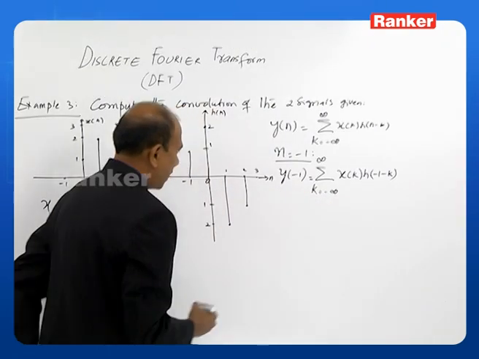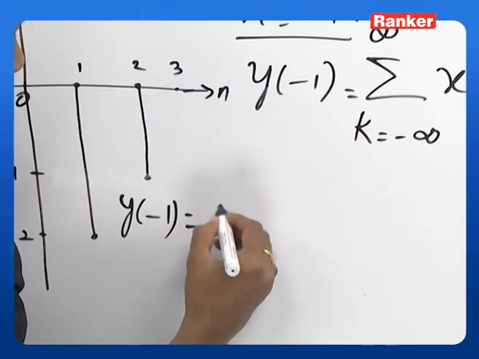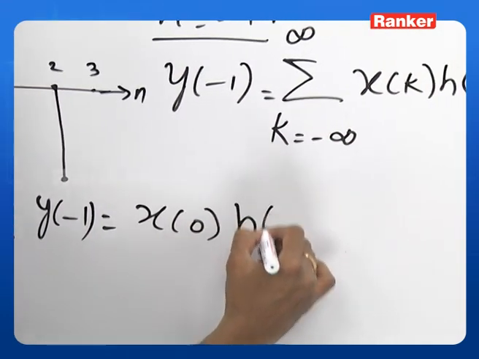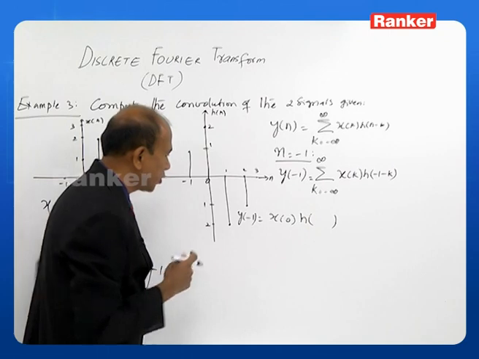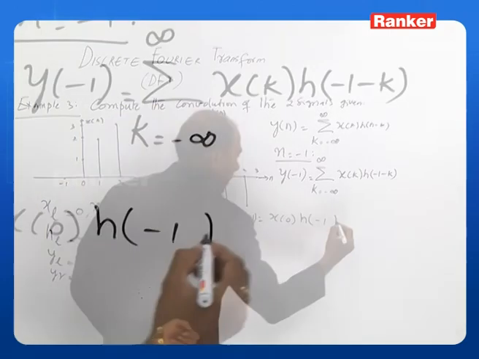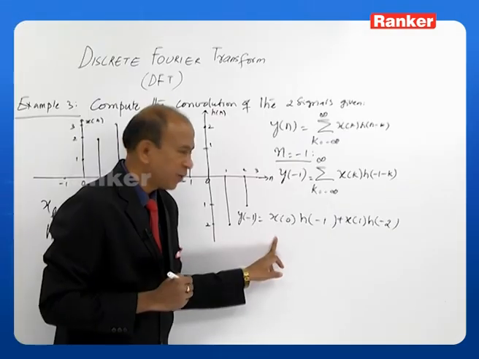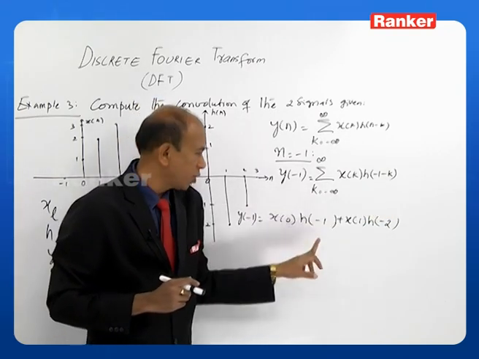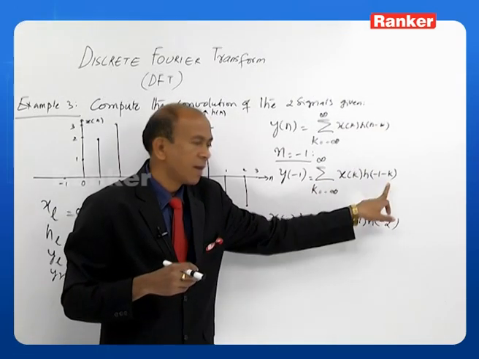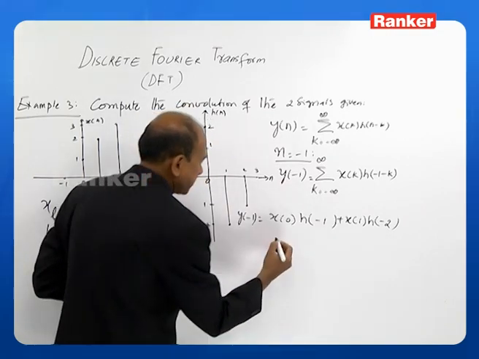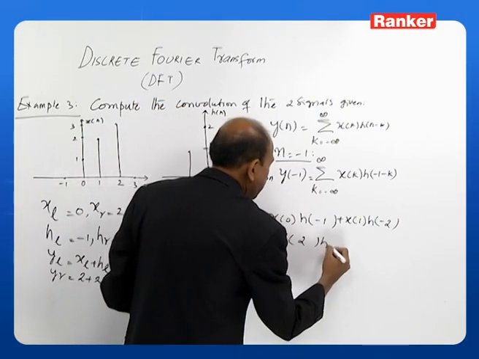Let us write it down: y of minus 1 is equal to x of 0 h of minus 1 minus 0, so h of minus 1, plus x of 1 h of minus 1 minus 1, so h of minus 2, plus x of 2 h of minus 3.